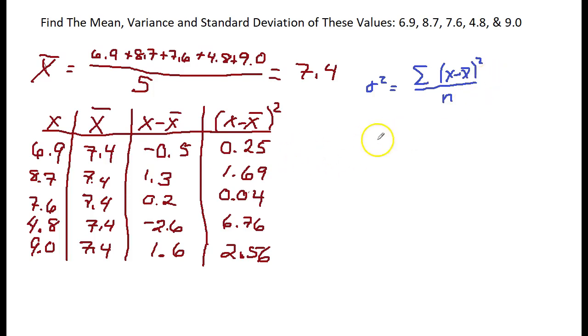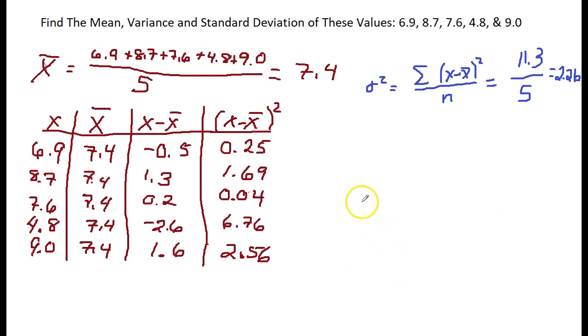So if I total these, 0.25 plus 1.69 plus 0.04 plus 6.76 plus 2.56, I get 11.3. Divide by how many there are, which is 5. So I end up with 2.26. Alright, that is the variance.